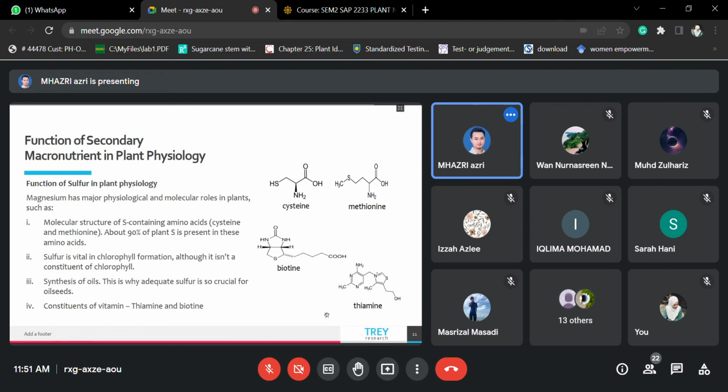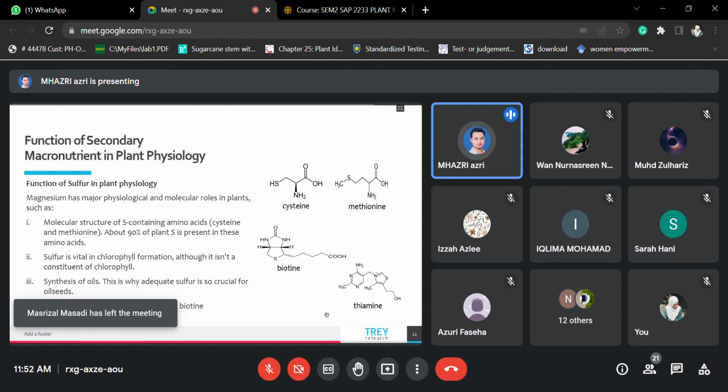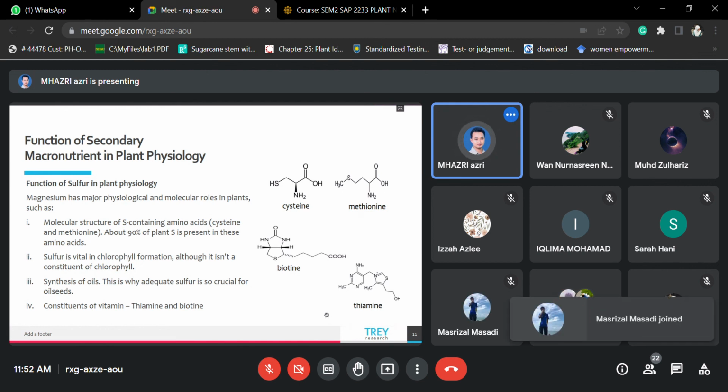Sulfur is not a molecular constituent of chlorophyll but is vital for chlorophyll formation because sulfur in plants is largely present in the amino acids cysteine and methionine.